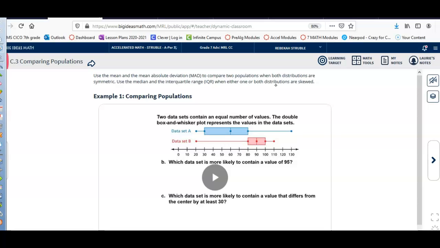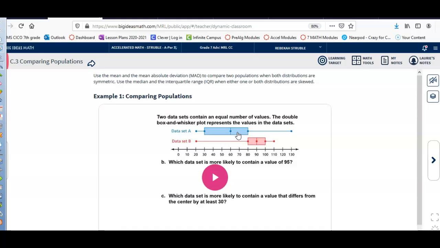So they're very similar to one another, neatly laid out as far as the length of each whisker or the distribution of the data is symmetric. Okay.